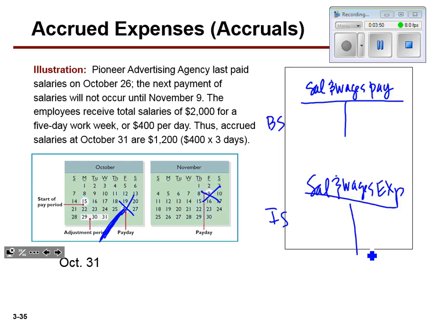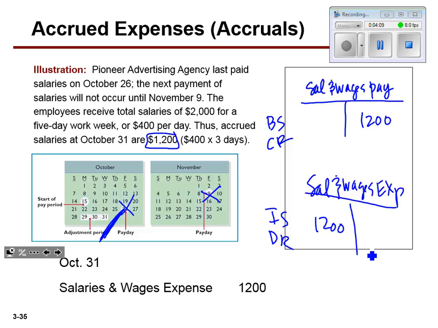Well, when we owe someone, it's a credit. And how much? $1,200. So this one has to be the debit. If I put the transaction in, salaries and wages expense is a debit of $1,200, and salaries and wages payable is also $1,200, but a credit.